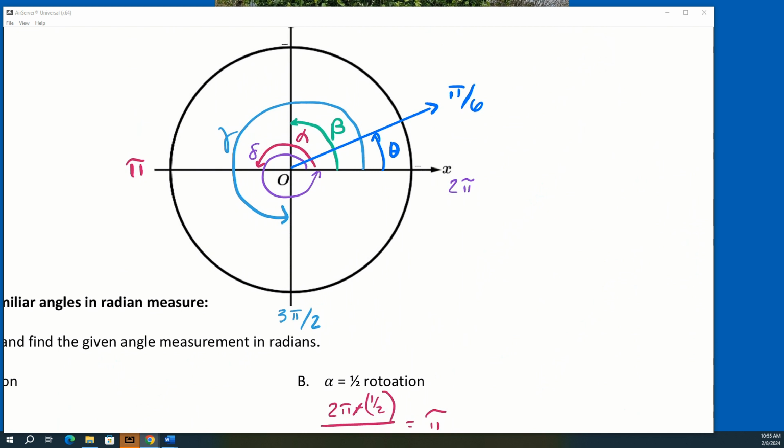So pi over 6 is kind of considered a special angle in radians that we're going to work with quite a bit. And so on example 2, we have this pi over 6 angle that we just found. And we're going to find some other angles that are multiples of pi over 6.